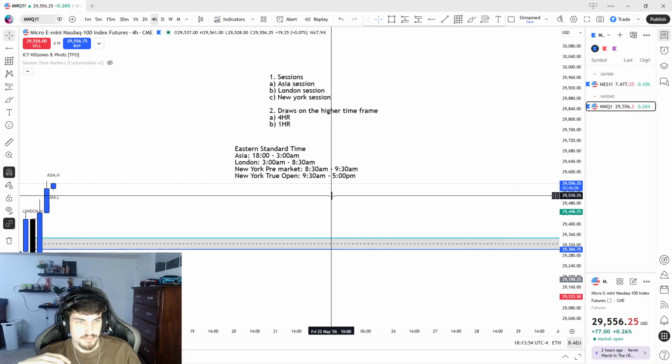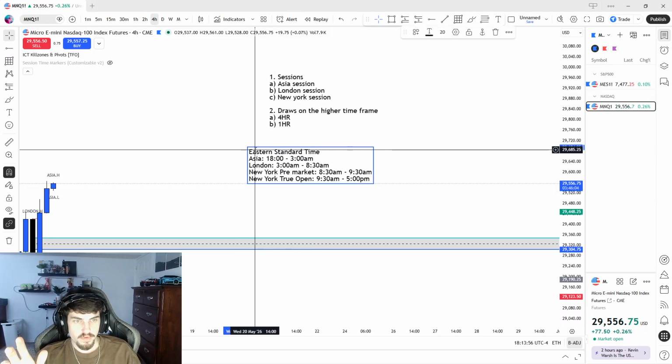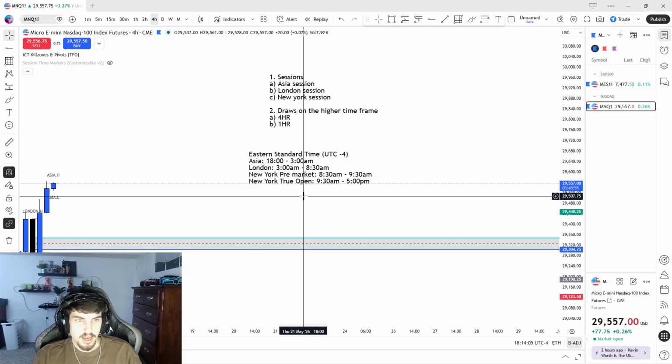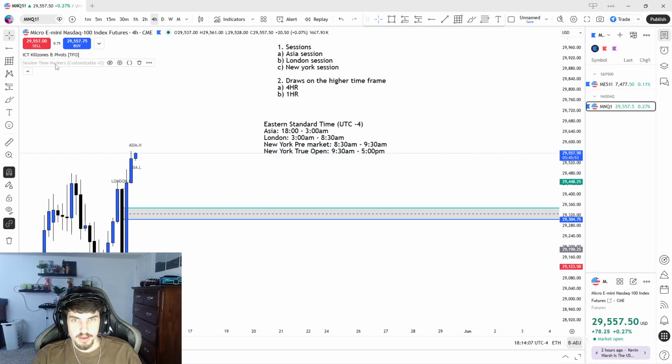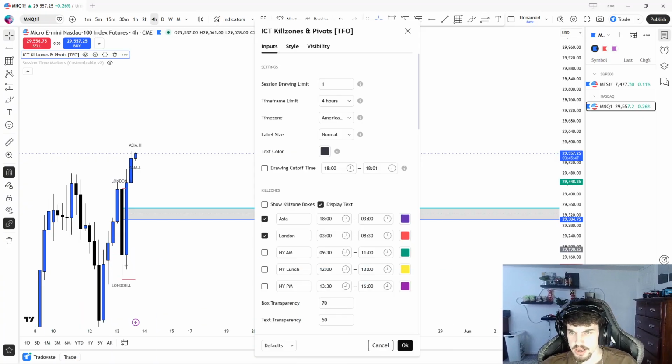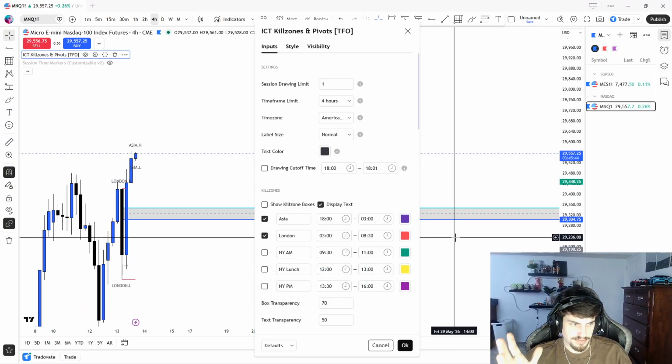But you need to convert this from Eastern Standard Time or UTC -4, and then you will get the actual times that you need to put into this map right here. And I believe it goes off the times on your chart, if I'm not mistaken, but could be wrong. Don't quote me.